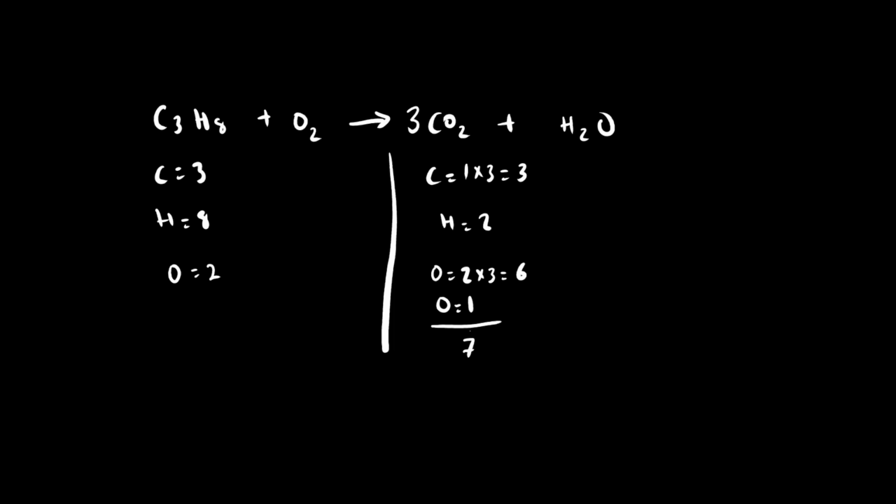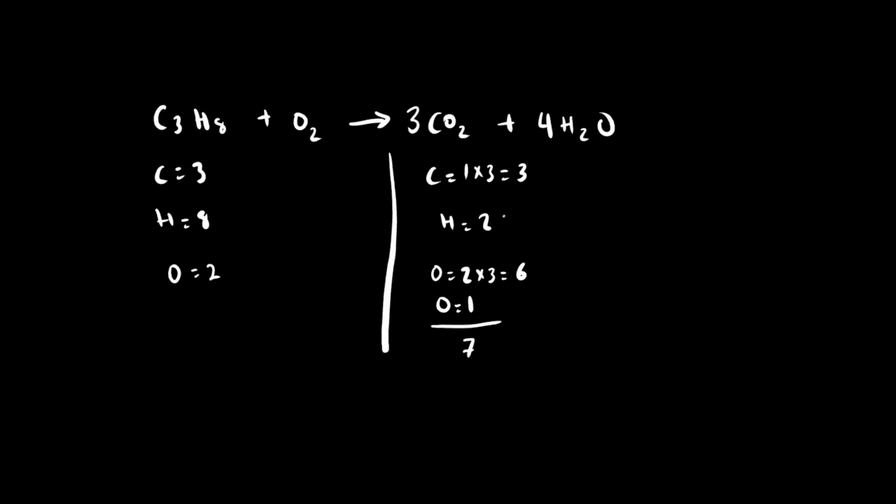Now let's go on to balance the hydrogen. We have 8 on the left and 2 on the right. So least common multiple of 8 and 2 is 8. So let's introduce a coefficient of 4 in front of the water.